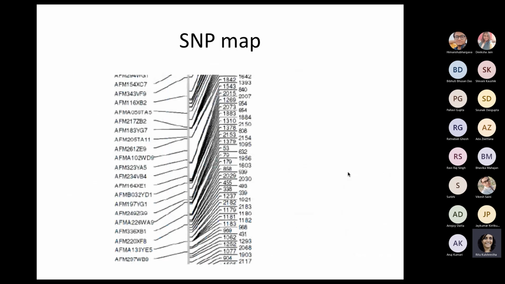Again, similarly, we have SNP maps. So what are SNPs? These are single nucleotide polymorphisms.